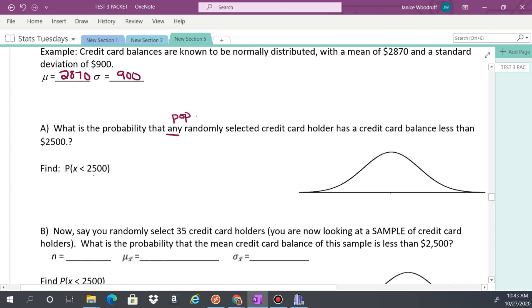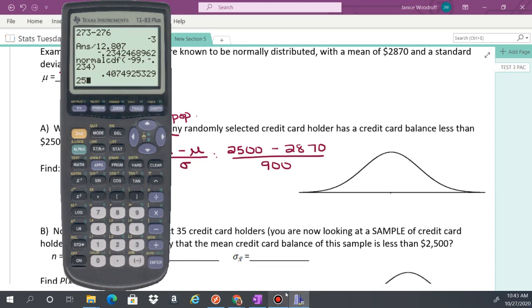So there we would convert 2,500 to a z-score using our normal z calculation, x minus the mean over the standard deviation. So that would give us 2,500 minus 2,870 over 900.